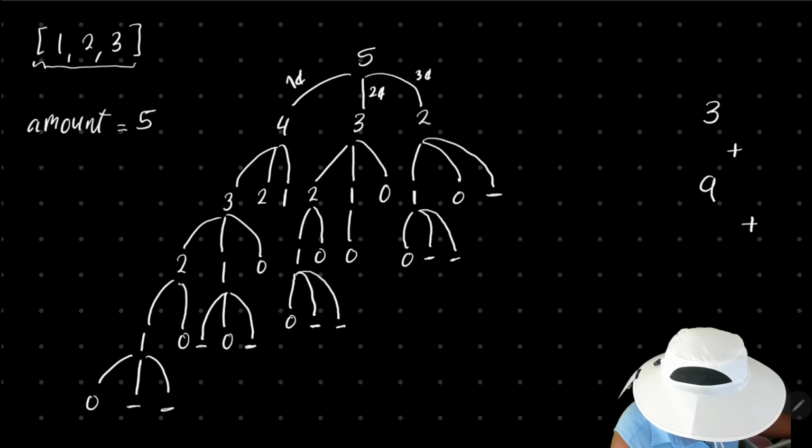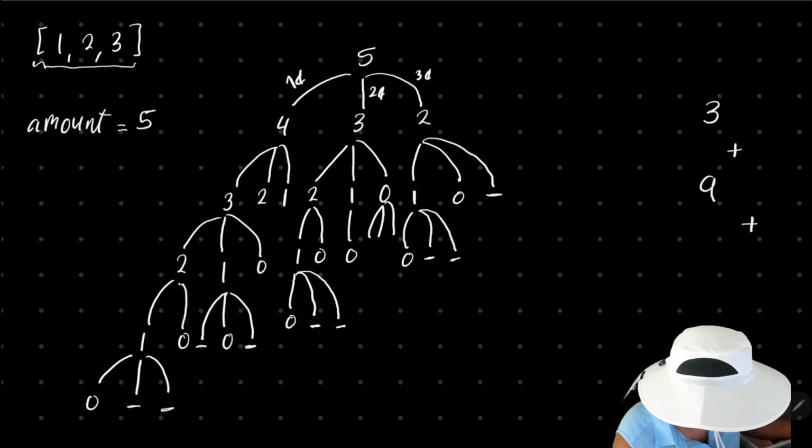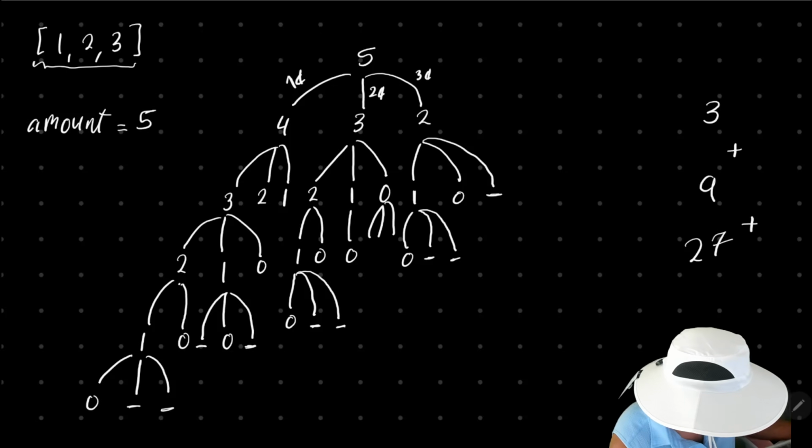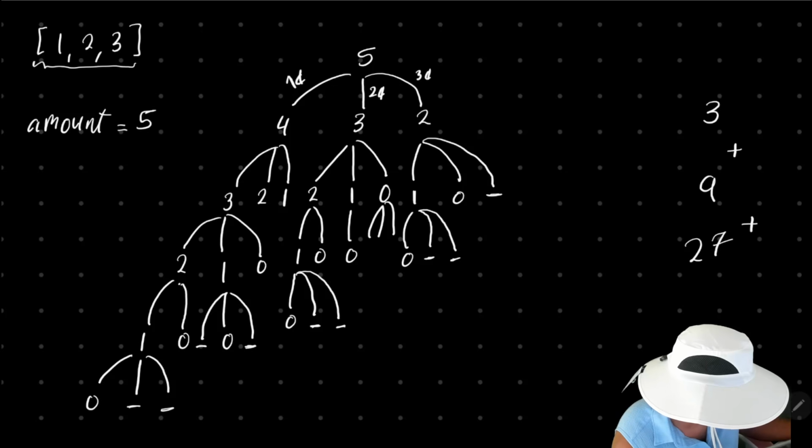Here we got 3 more for each, so 3 times 3 times 3 will be 27. Why 27? Because it is 3 for every one of the previous 9. It doesn't have to be exactly 27, but just imagine the worst case scenario.